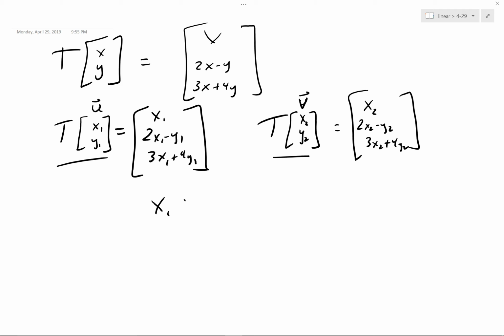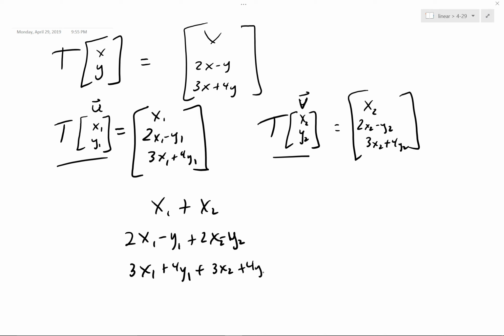So x1 plus x2. That's 2x1 minus y1 plus 2x2 minus y2, and then 3x1 plus 4y1 plus 3x2 plus 4y2. And you're like, what am I supposed to learn by that? This is what you're supposed to learn. x1 plus x2 is our new variable.